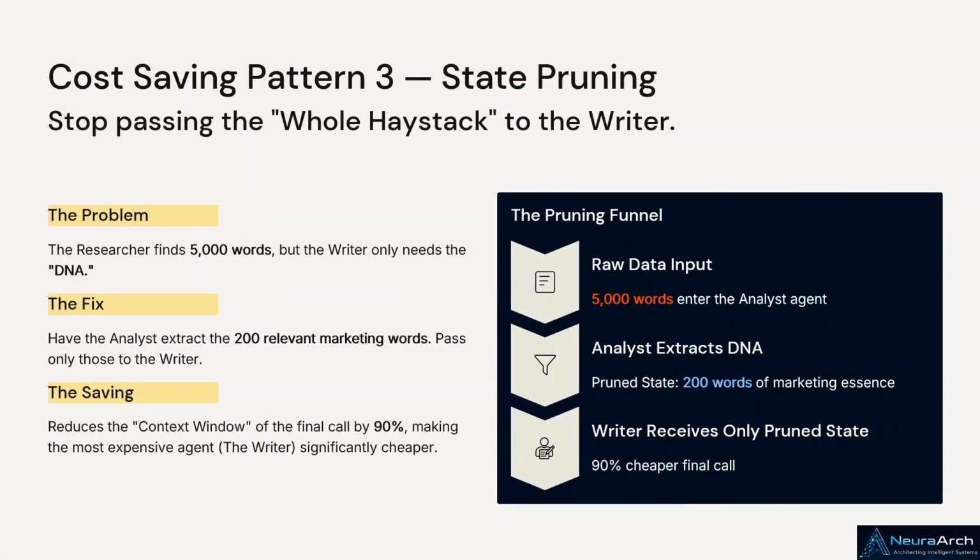And the third pattern is state pruning. This is a very important one because many times you will find that the researcher will find 5,000 words and pass them to the next level. But the entire 5,000 words are not required.